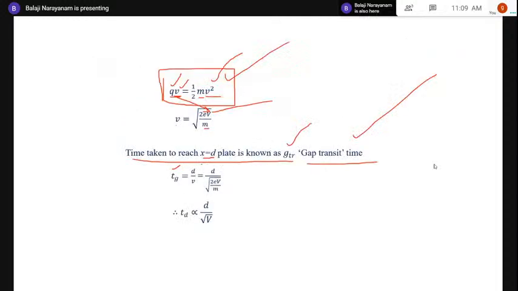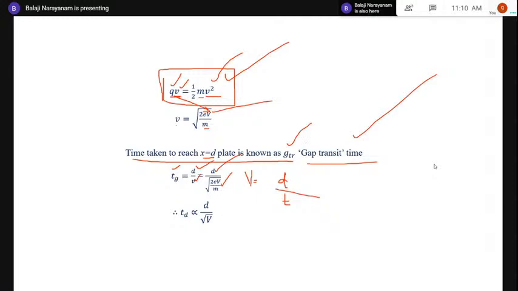this is a well-known equation. How we get this equation: velocity is equal to distance divided by time. A known equation, nothing new. T is equal to distance divided by velocity v, and in place of velocity we may substitute square root of 2qV, where q is the charge.